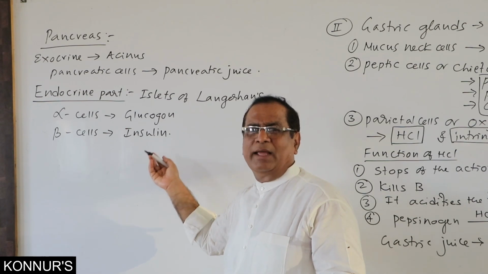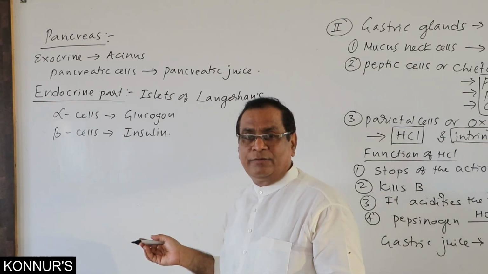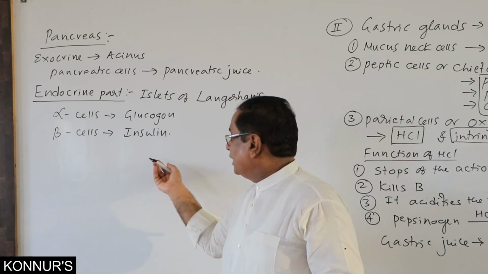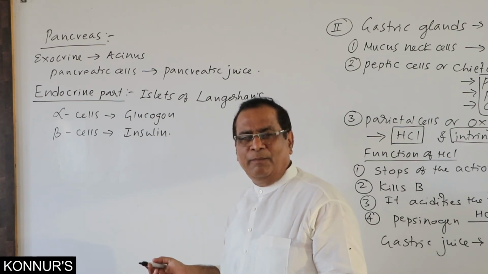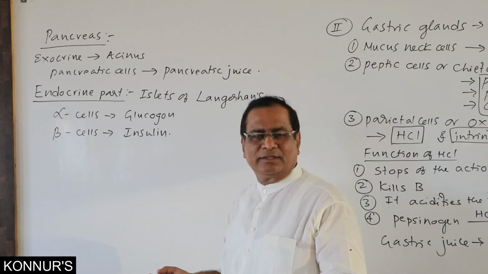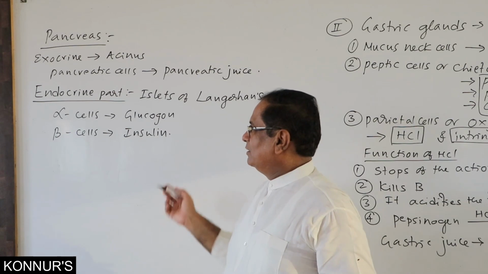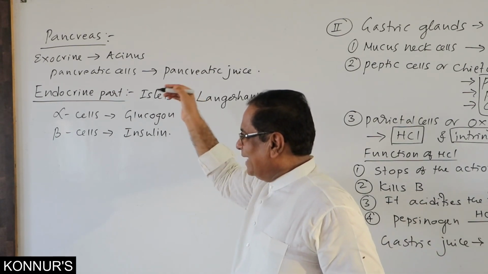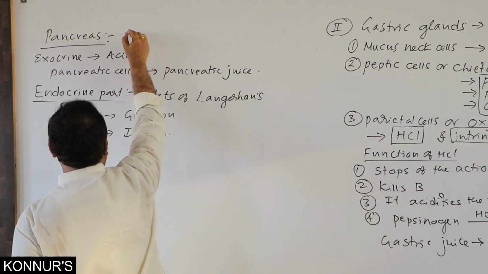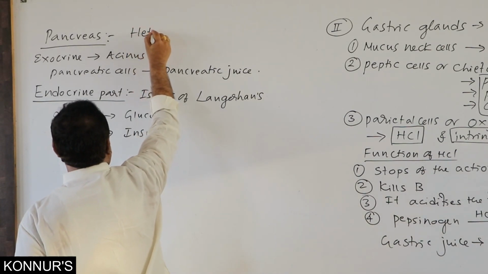Glucagon is produced by alpha cells of islets of Langerhans. Insulin is produced by beta cells of islets of Langerhans. As pancreas is both exocrine and endocrine, it is considered as heterocrine gland.